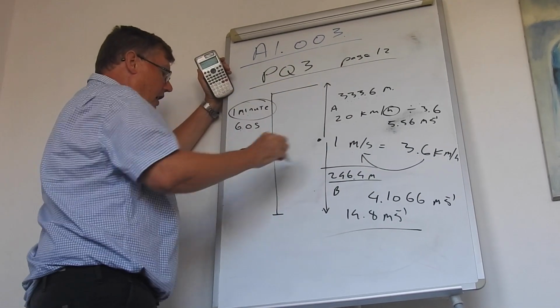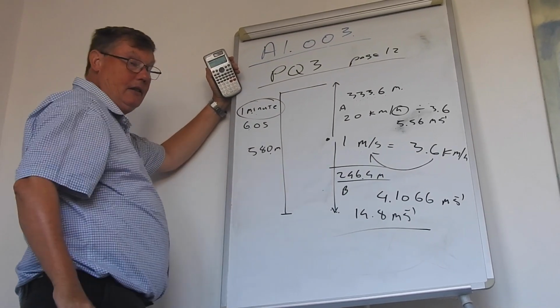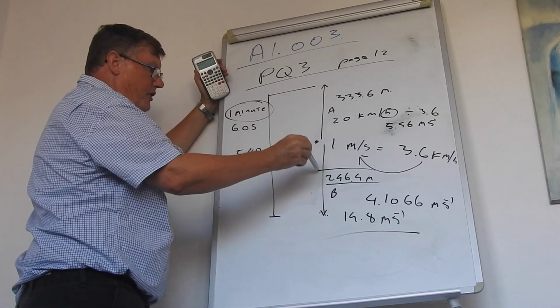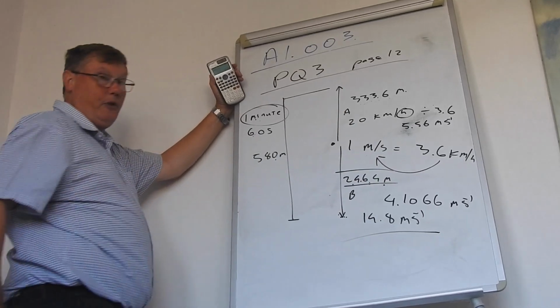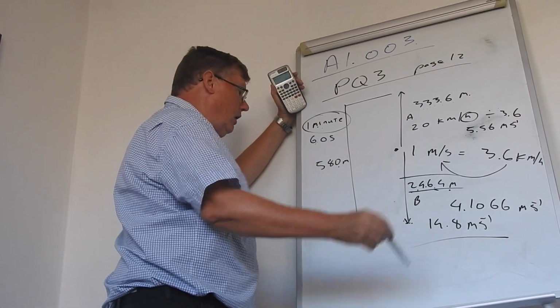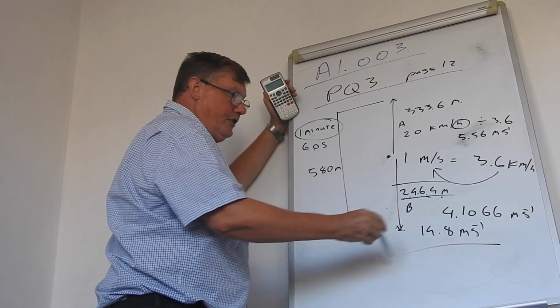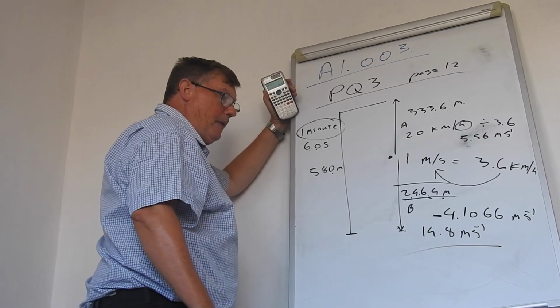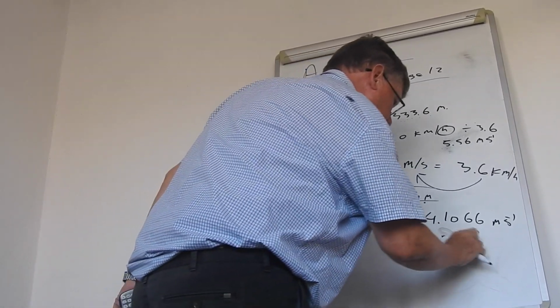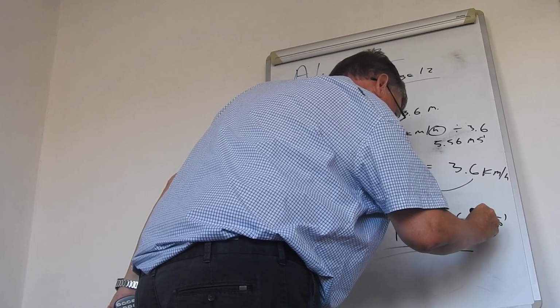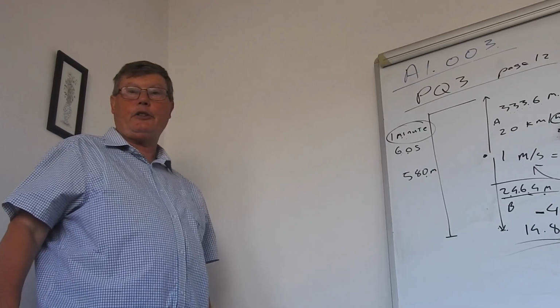At this point, they are 580 away from B. They've travelled 333.6 from the start. B must have travelled 246.4. 246.4 divided by 60 seconds gives them that speed. Multiply by 3.6, 14.8 kilometers per hour. Final answer. Any questions?